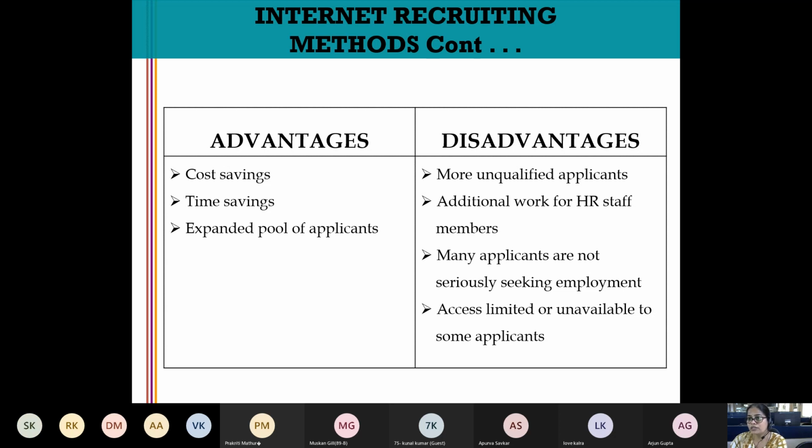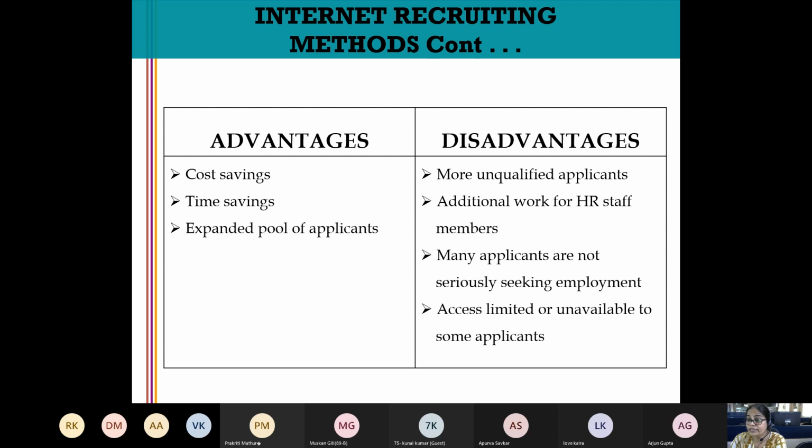Disadvantages: people may simply apply, so there is no check whether they are qualified or not. There is additional work for HR staff members, so screening would come. Many applicants are not seriously seeking employment. People have simply posted, but when you call them for an interview, they are generally not interested.